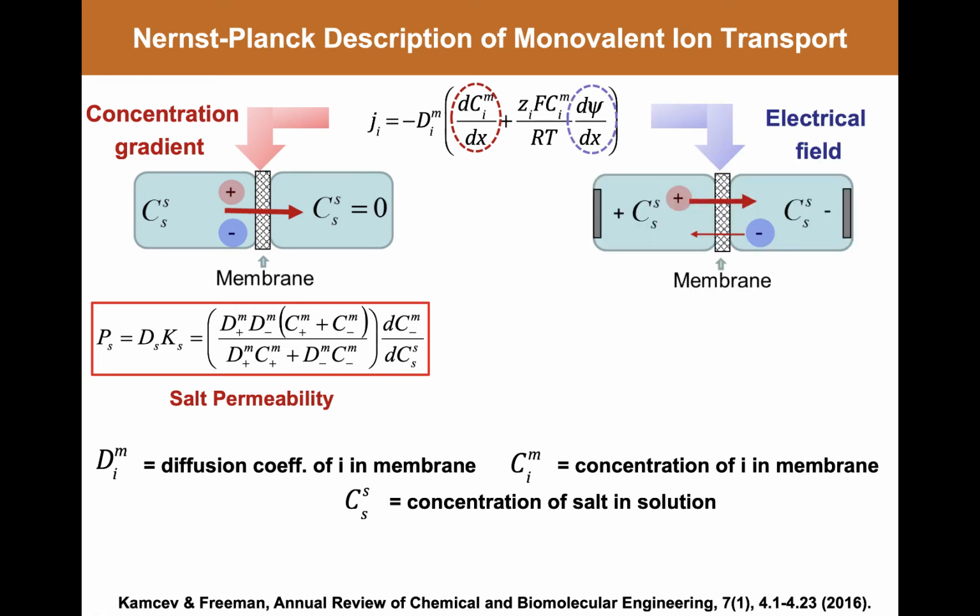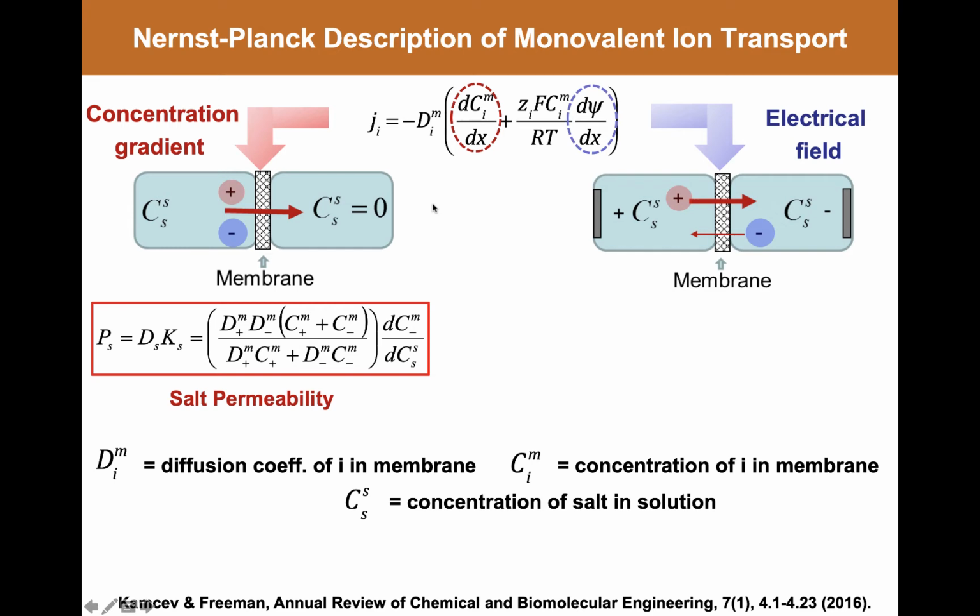Now, another experiment that we can do in the lab that isolates electric field-driven transport is shown here. So we use a very similar setup to the one on the right, except now the concentration of salt is the same on both sides of the membrane, and we have electrodes in the cell. And when we apply an electric potential, the cations want to migrate towards the negatively charged electrode, and the anions want to migrate towards the positively charged electrode.